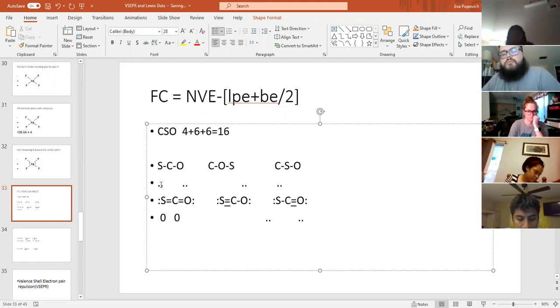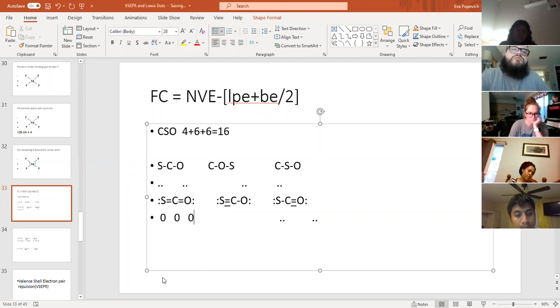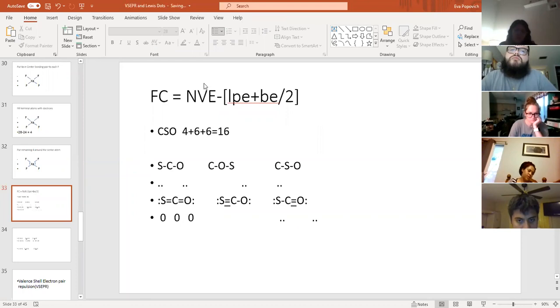It has 4 lone pair electrons plus 4 over 2 bonding electrons. So you have 6 minus 4 plus 2. Sulfur's charge is 0. Oxygen, 6 normal electrons, 4 lone pair electrons plus 4 over 2. Its charge is 0.